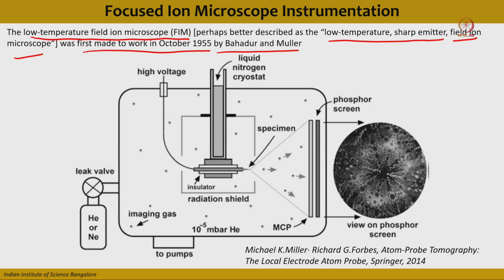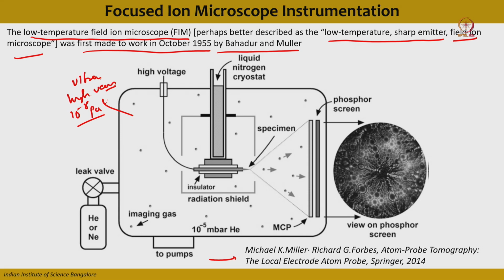Okay, this is a typical schematic diagram, where you can see the instrument has an ultra high vacuum chamber with a base pressure of 10 raised to power minus 8 pascals.